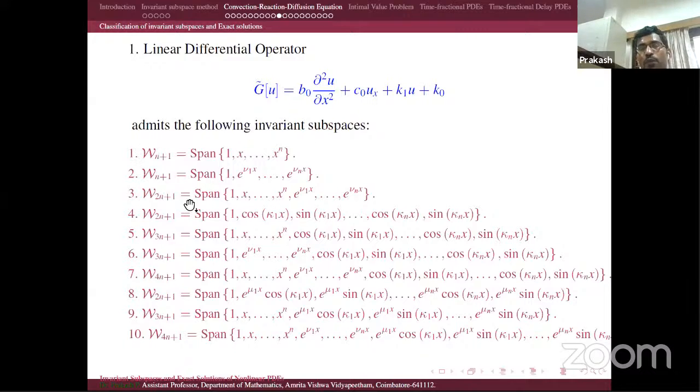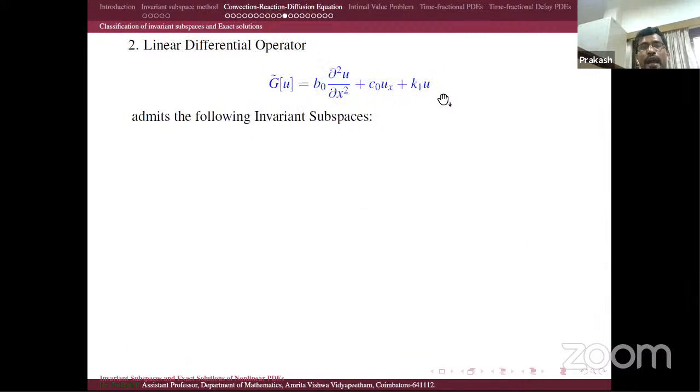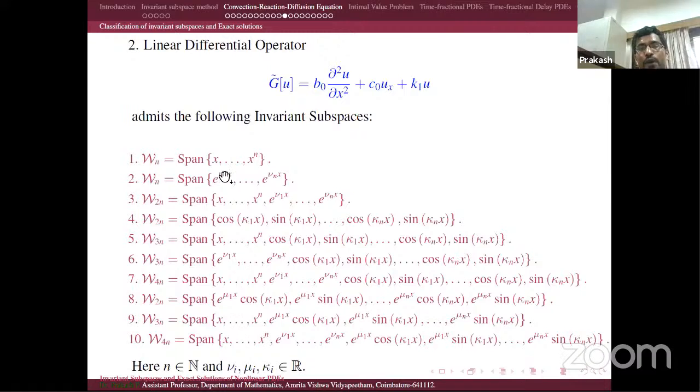The dimension is not a problem here; it matters only when the given operator is nonlinear. If I take this operator with k not equal to 0, then I obtain these invariant subspaces. Similarly, we can classify polynomial, exponential, and trigonometric subspaces.